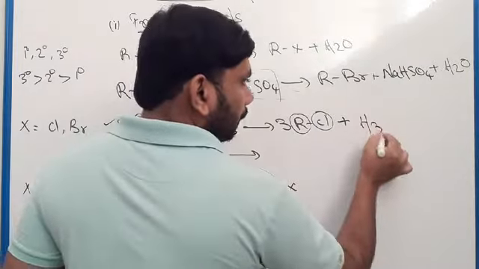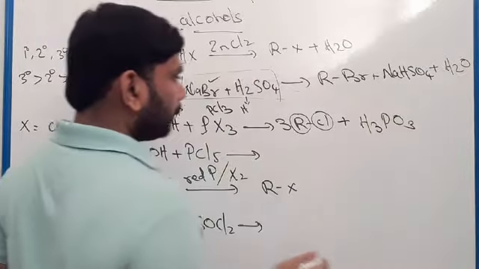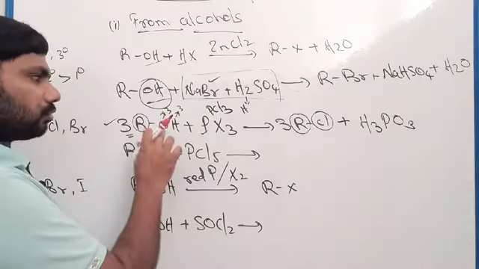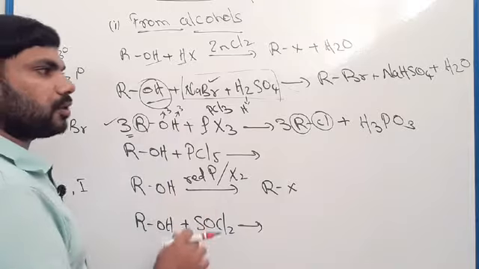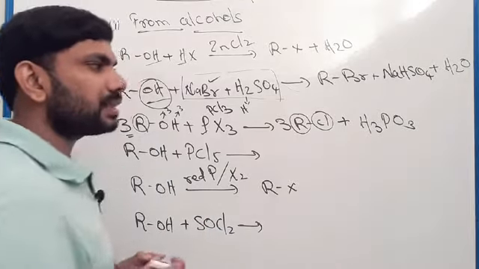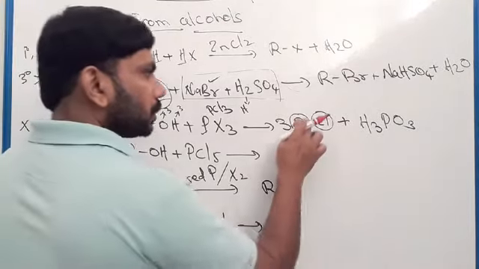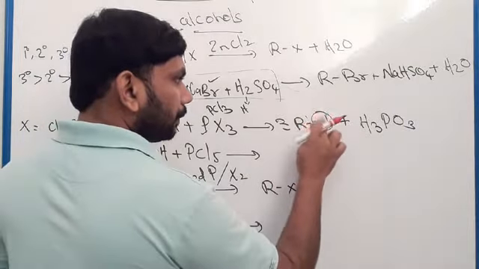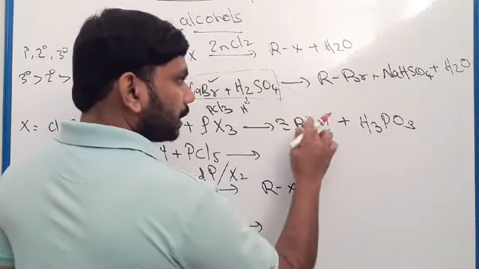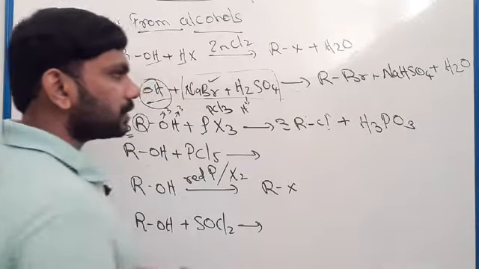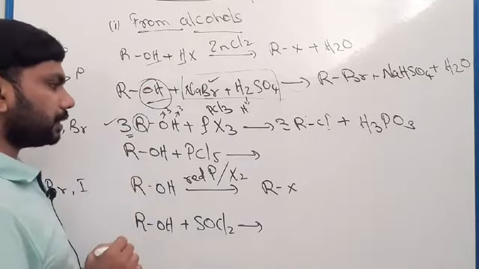So H3PO3. This is the molecule H3PO3. So 3RCl plus H3PO3, this is the product formed here.